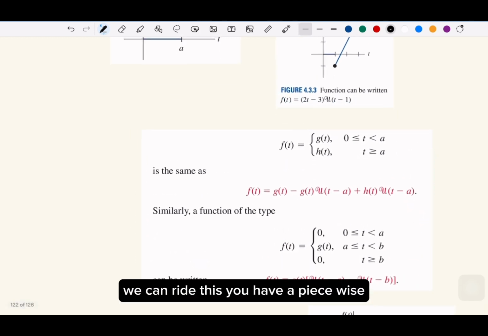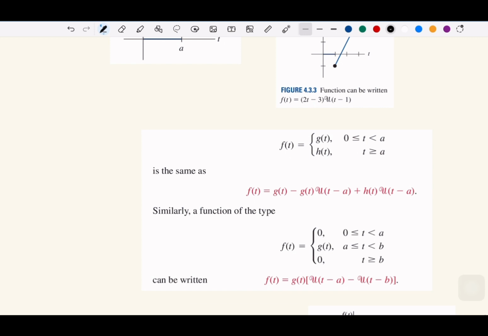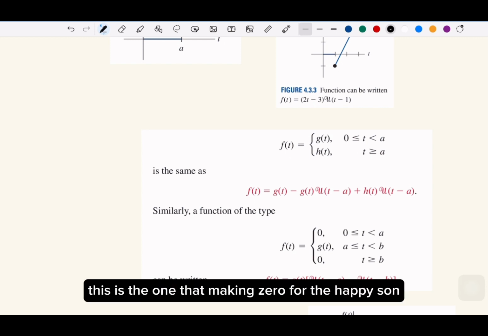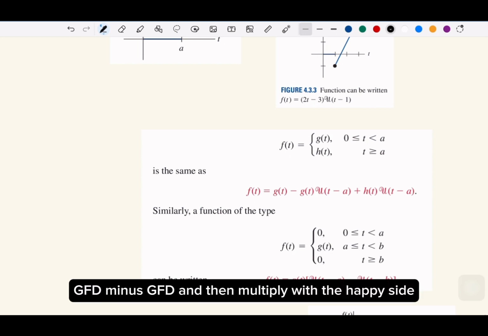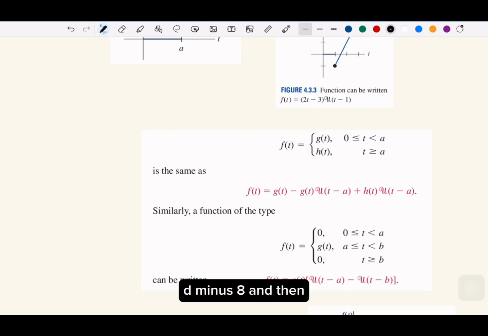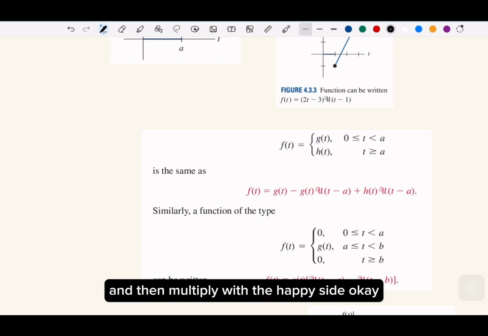You have a piecewise, two functions g and h, and for the function g, this is the one that makes 0 for the Heaviside. So we are going to have g of t multiplied with the Heaviside t minus a, and then we plus h of t multiplied with the Heaviside.